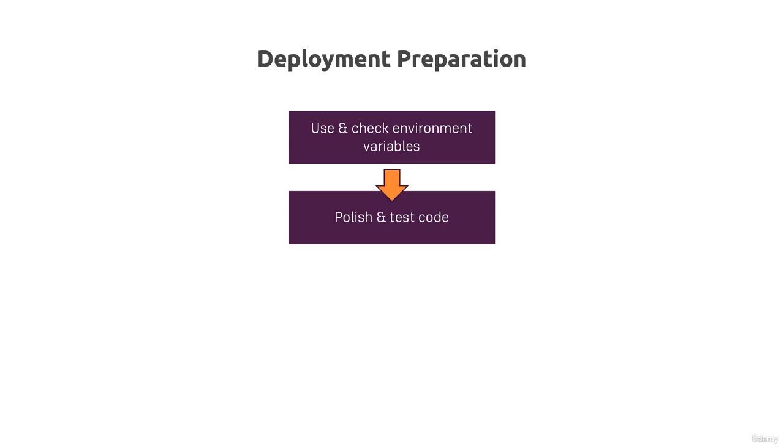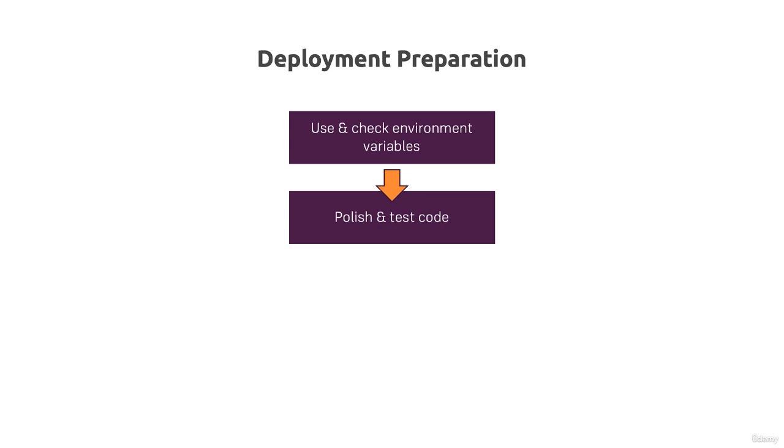Once you're done with all of that, you can build your application for production. And that means that you run a command that takes all your TypeScript code, compiles it to JavaScript, then bundles all your code together, translates it into Angular language, so to say, so that the Angular renderer can work with it in the browser, and bundle everything up and optimize it to be as small as possible.